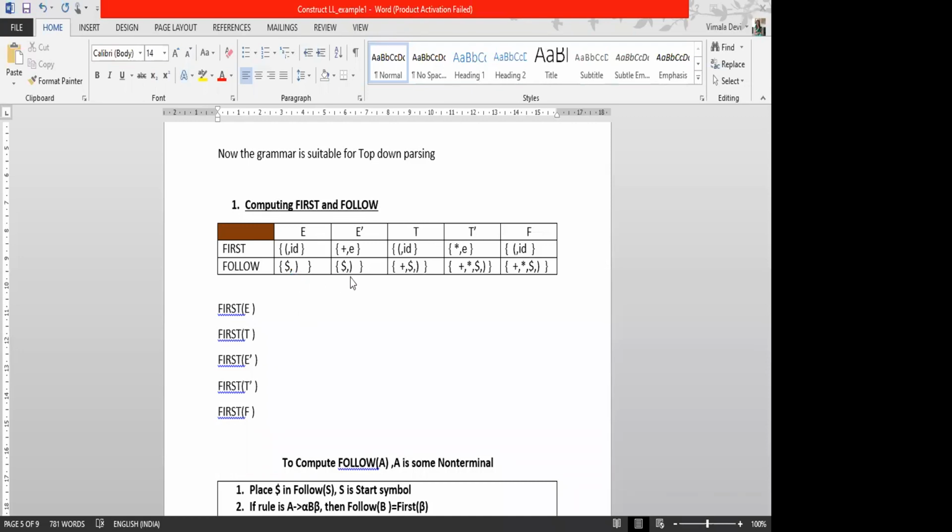Here also dollar as well as close parenthesis. For T, we have plus, dollar and close parenthesis.